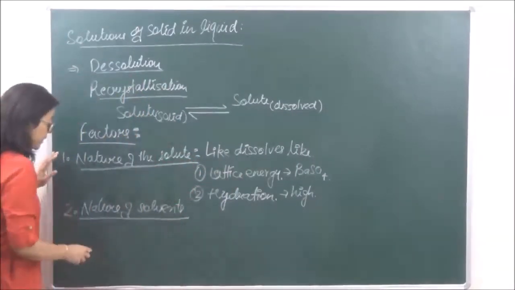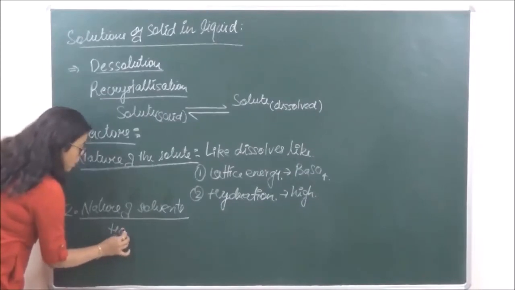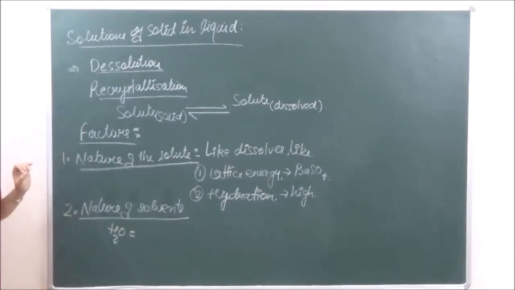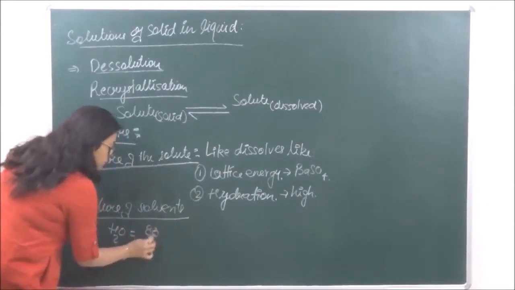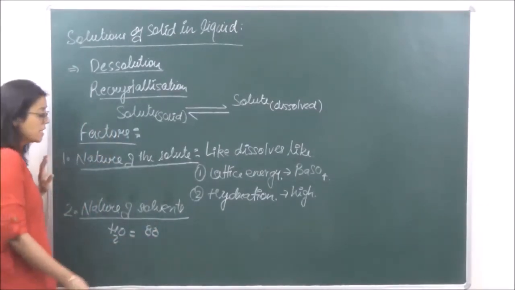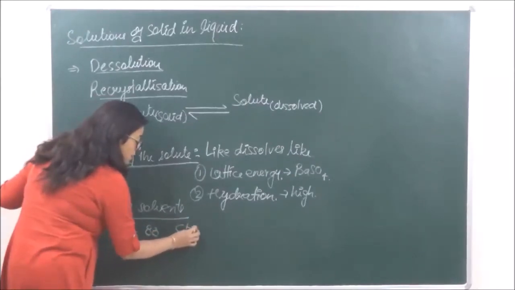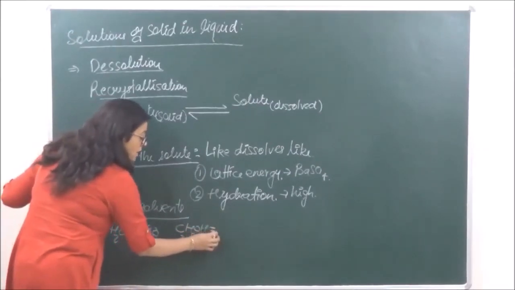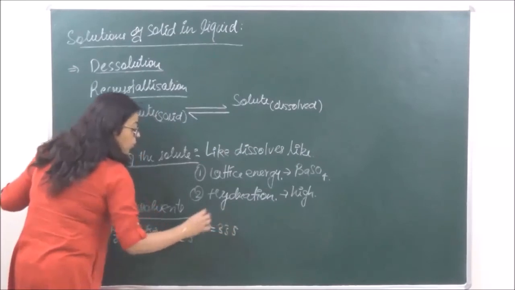For example, we are talking of water. Water has a dielectric constant of 80. And if we take the dielectric constant of ethyl alcohol, it is only 33.5.